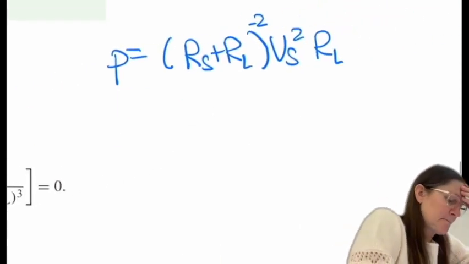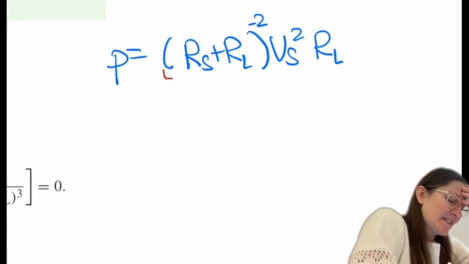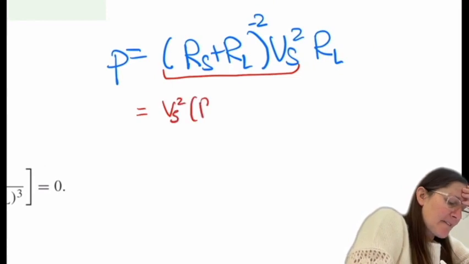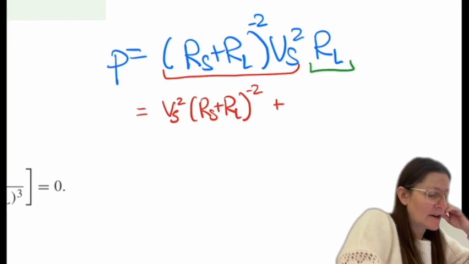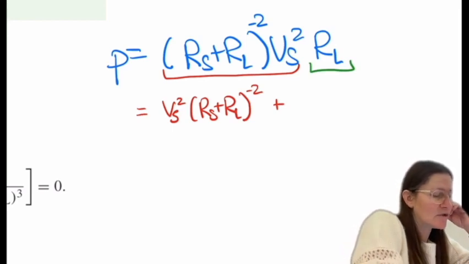Maybe I'll just rewrite it here. I'm going to take this first portion, and then I take the derivative of this one, and that is just V_S squared times R_S plus R_L to the negative 2.